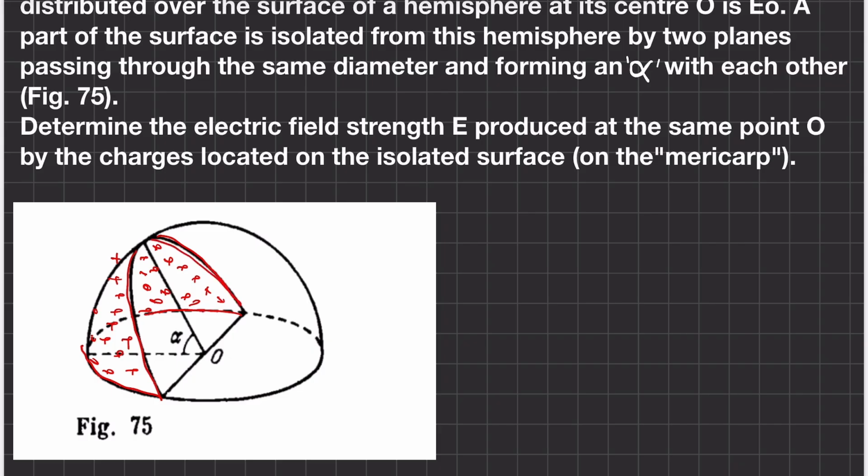Similarly you will have the charge on the other portion of this also, which is lying on this surface. I'm hoping you are able to visualize what I'm trying to talk about here.